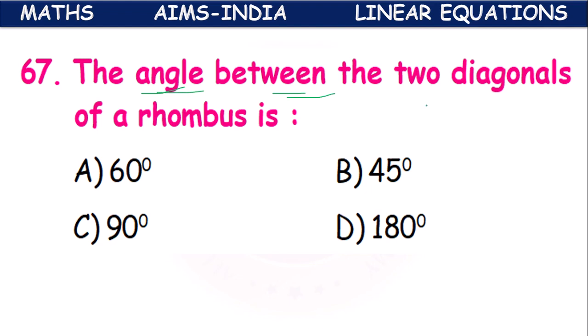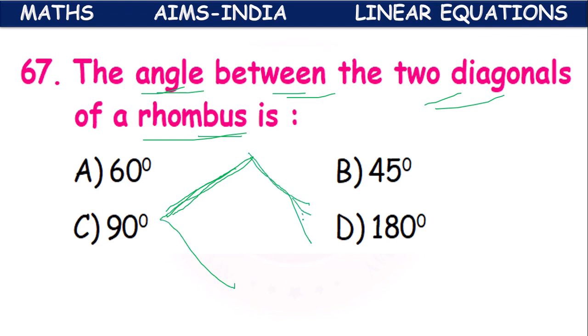The angle between 2 diagonals of a rhombus. In a rhombus, diagonals perpendicularly bisect each other.